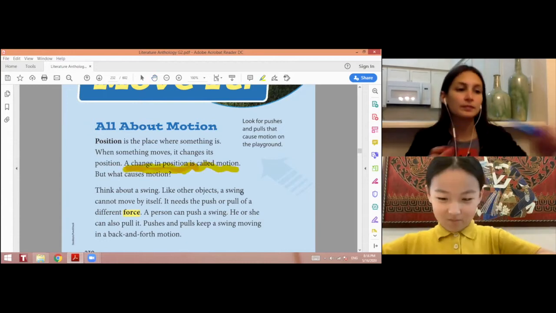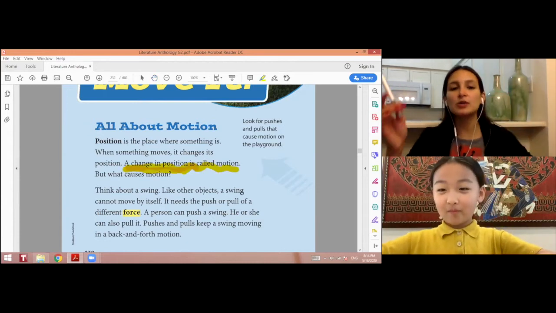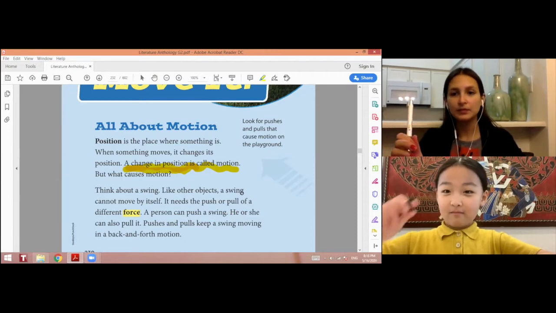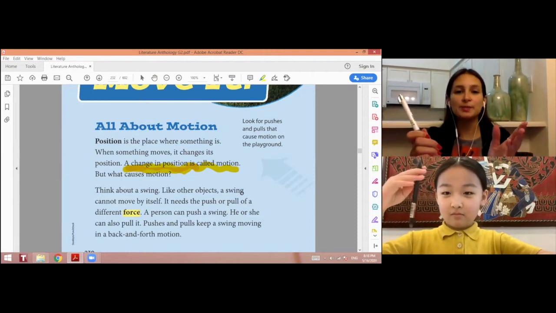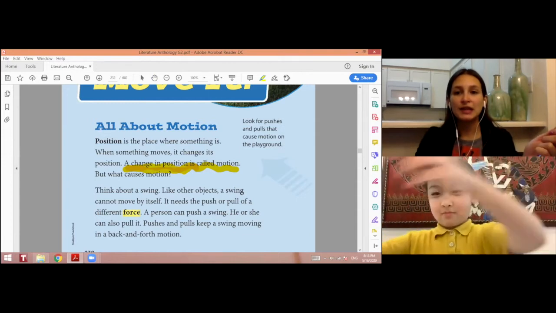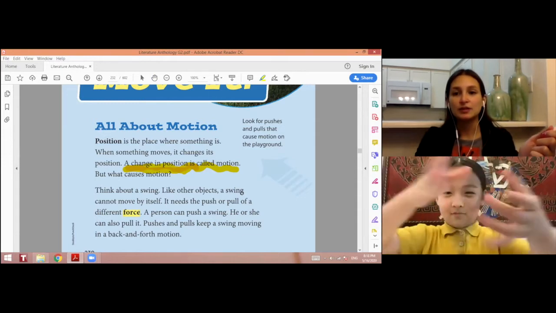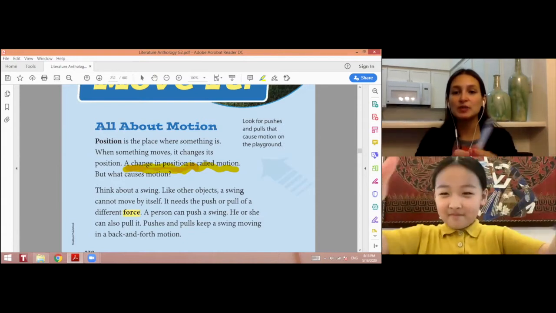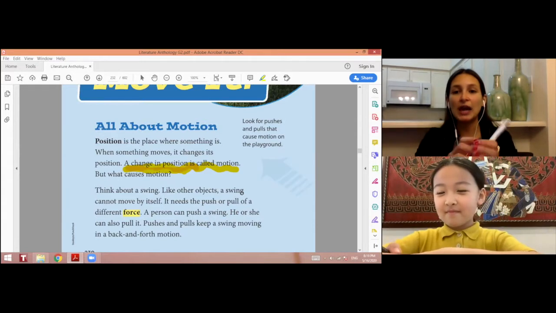Very good. Okay, so you had your pen in your right hand, right? So if you change your pen to your left hand, that's motion, right? Because your pen is changing positions. So you are creating motion.